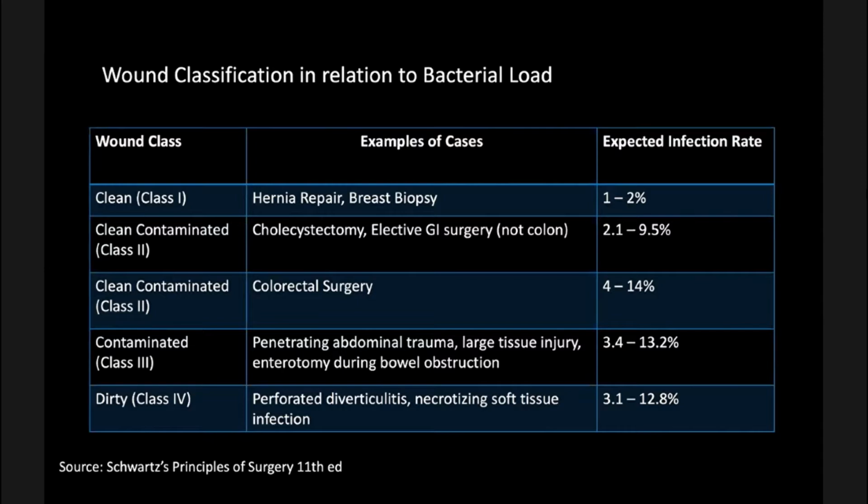So patients undergoing trauma surgery, right? That's class 3, okay? Necrotizing soft tissue infections such as Fournier's gangrene, that's class 4, considered dirty. But if you have elective surgeries such as breast surgery, hernia surgery, thyroid surgery, then that's clean, class 1, 1 to 2% only.